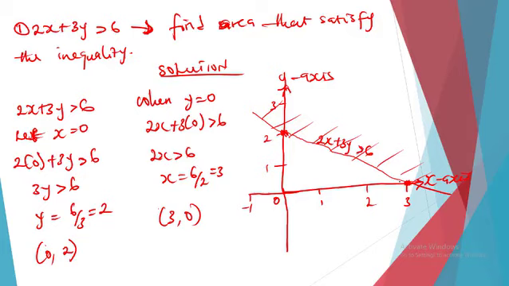Now this is 2, this is 3, and 3 is less than 6, 2 is less than 6. You can only shade the lower part if this equation is less than 6, but because of the given inequality, we cannot shade the down part of this equation.